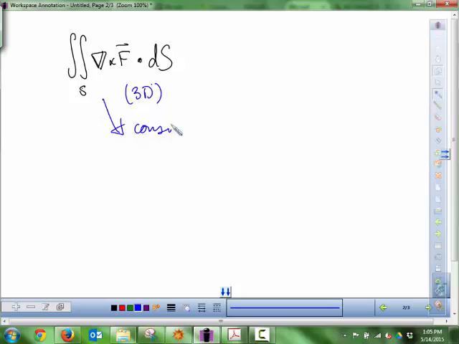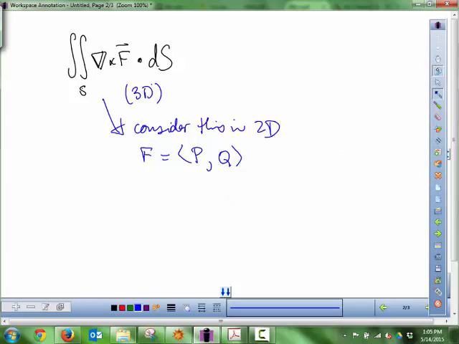So let's consider this in 2 dimensions. So what's that say about our F? Our F now should only have 2 dimensions: F1, F2. Oh, let's use P and Q. Or if you want, P, Q, and 0.